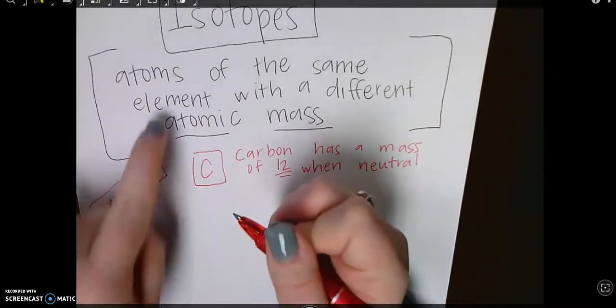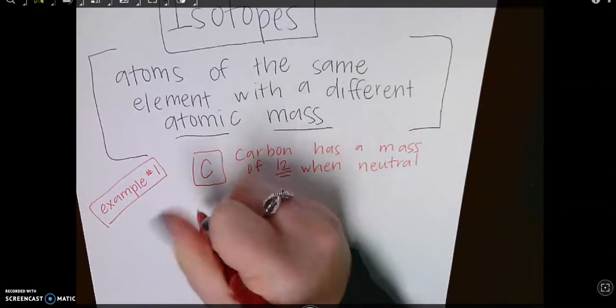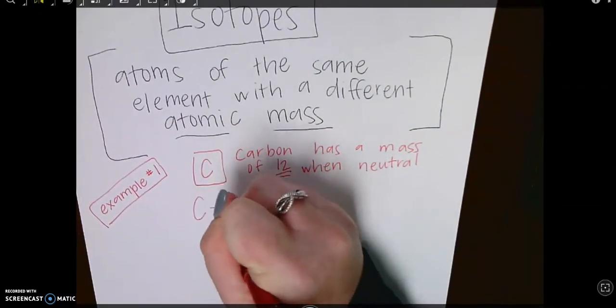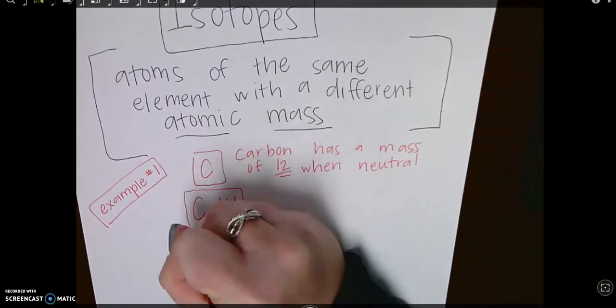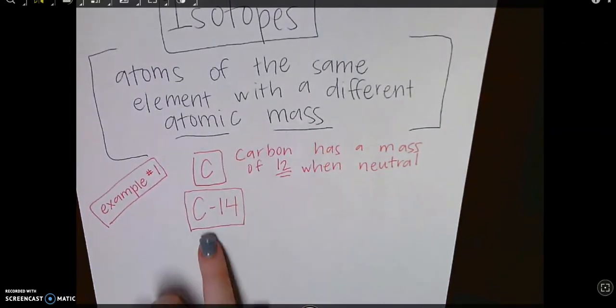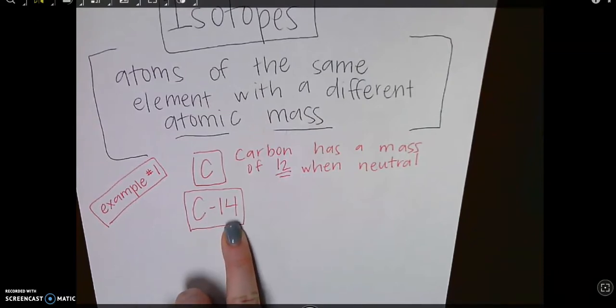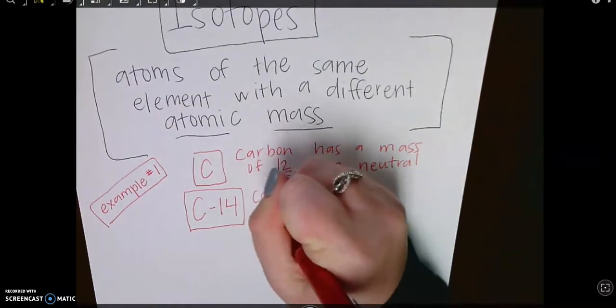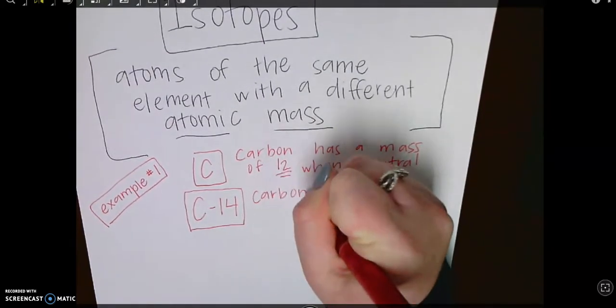So let's look at an isotope of carbon. So carbon has several isotopes, and one of them is C14. Notice I wrote the symbol of the element dash the number that is now the new atomic mass. So C14 is going to actually have a mass of 14.